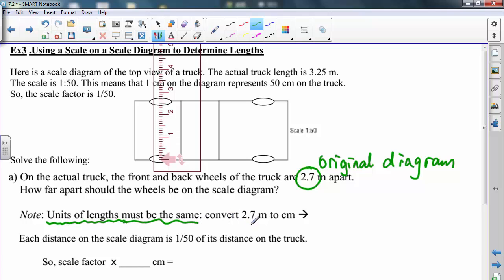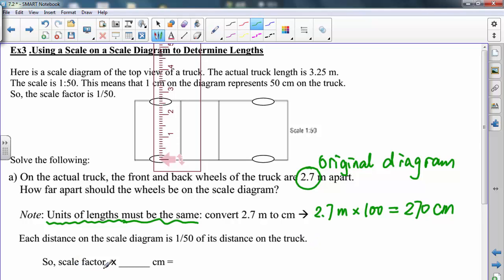Therefore, I will convert 2.7 meters to centimeters. To convert 2.7 meters to centimeters, I need to multiply by 100. So it's 270 centimeters. Each distance on the scale diagram is 1/50 of its distance on the actual truck.